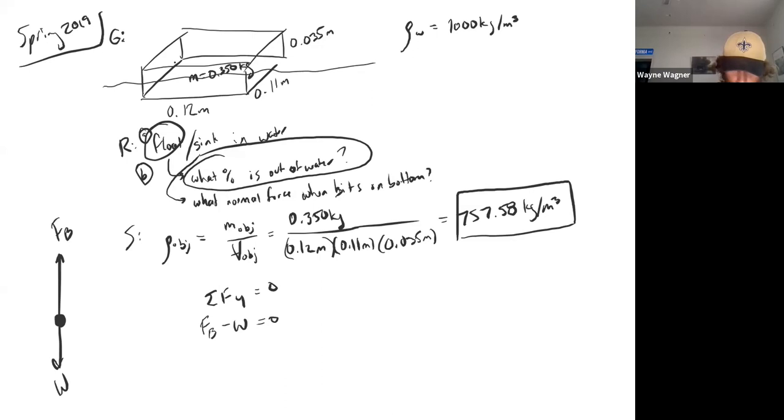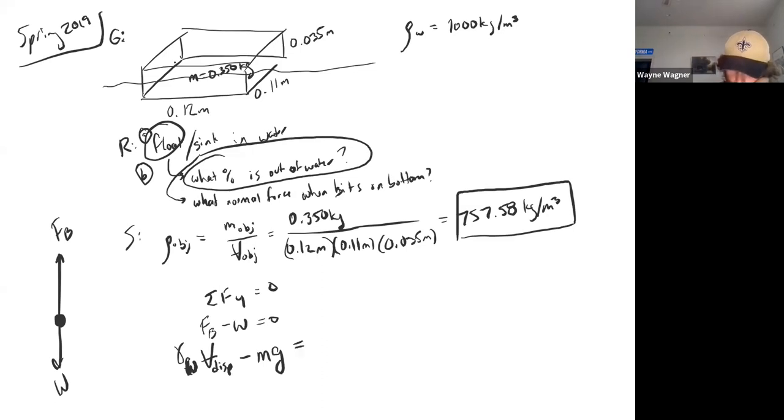The force of buoyancy is the gamma of the fluid, in this case water, times the volume displaced, so that's the volume underwater, minus the weight. Usually that's the gamma of the object times the volume of the object, but that's annoying for this problem, so I'm going to do the mass of the object times gravity because we have the mass.